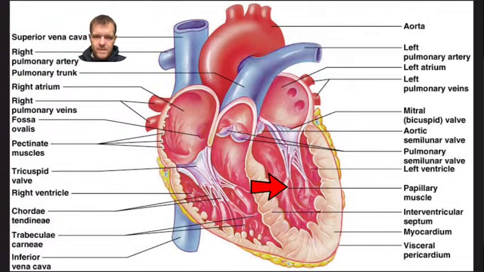Okay, there's your papillary muscle, same as on this side. Left ventricle, so this whole chamber. Then we've got the pulmonary semilunar valve, so that's coming back to this side. Semilunar means half moon, so a half moon shaped valve that is at the entrance to the pulmonary artery.